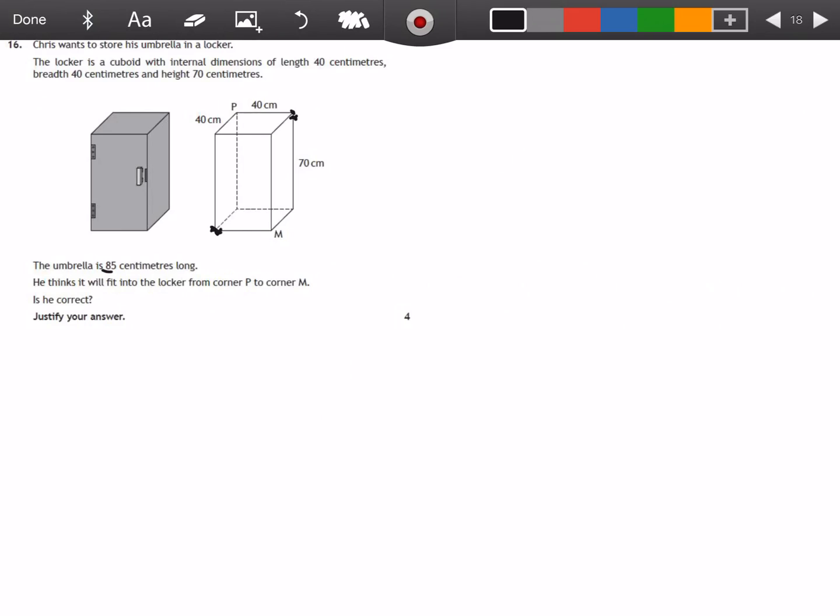It's basically a space diagonal, that's what you call that. It would go right through the middle there. So what we need to do is find out the length of that space diagonal. Once we find the length of that, we can compare it with the 85 and decide if it fits or not. Okay, now let me just wipe this off.